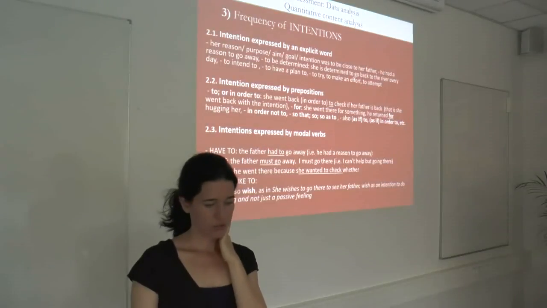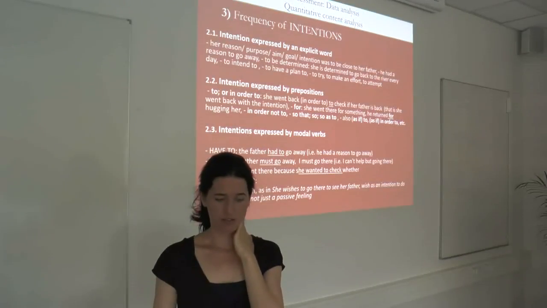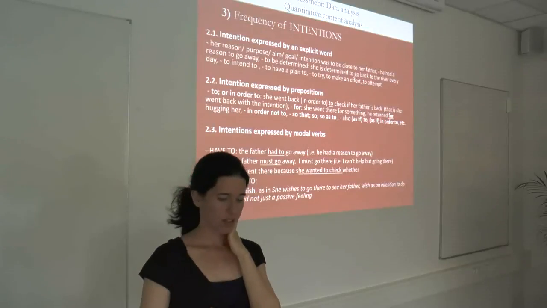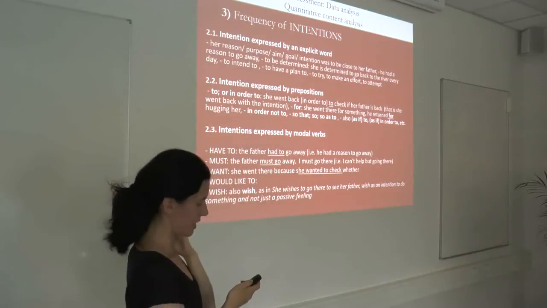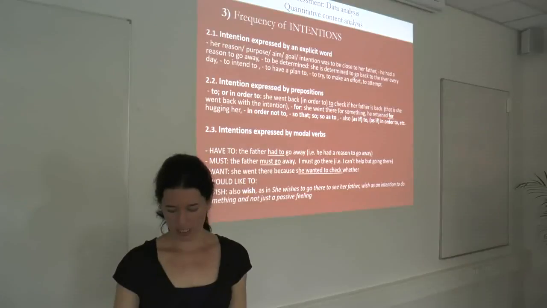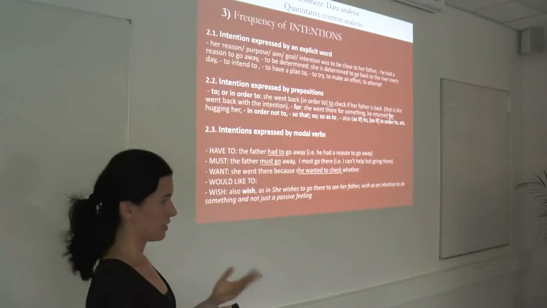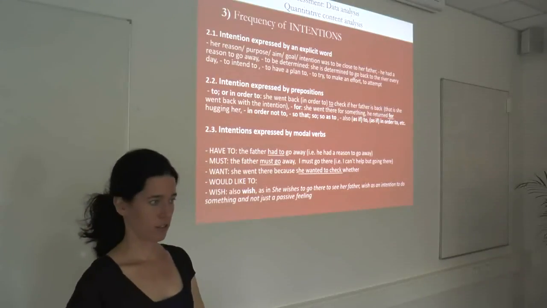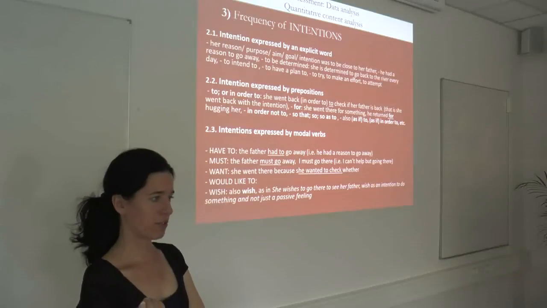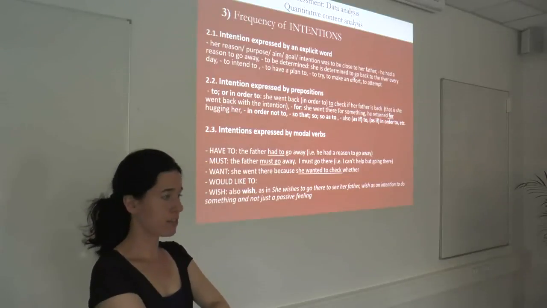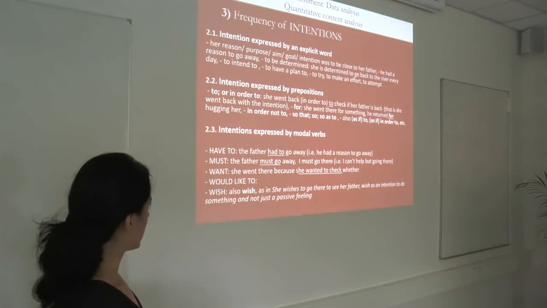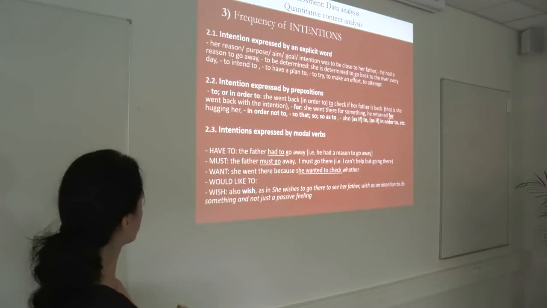And we had the third one, frequency of intentions. One of our studies was conducted in Ireland, the other in Germany, and the two languages express intentions a little bit differently, but we tried to find a common ground.